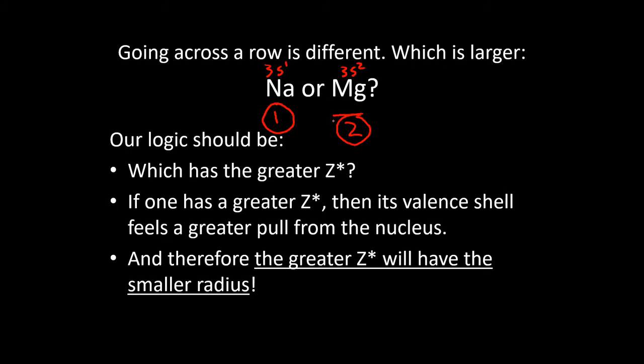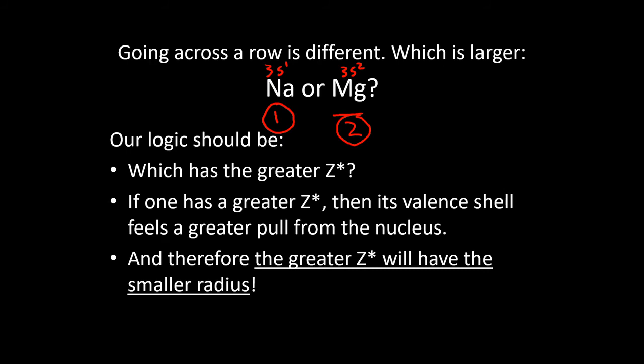But at the same time that you're putting another electron into the same distance from the nucleus, you're adding more positive charge to the nucleus. And so you're increasing the attraction to the nucleus, which is what you see there with the effective nuclear charge going up to 2. So you're not increasing the distance the electrons are sitting away from the nucleus, and at the same time you're increasing the pull from the nucleus on those outermost electrons.